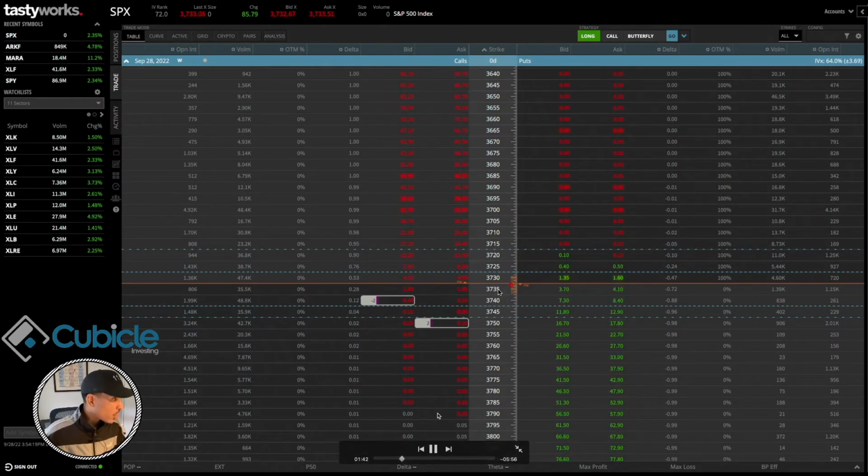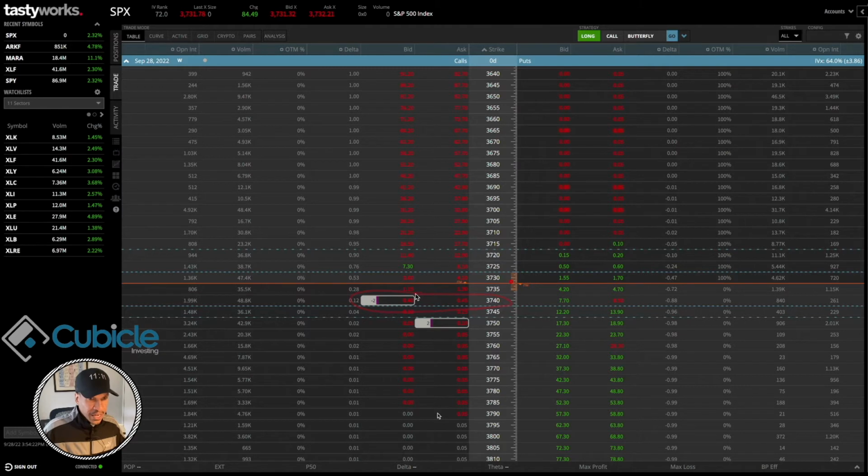Okay, so as you can see, now it's still September the 28th, but it's roughly 5 minutes before the market closes. The price is somewhat close to my strike price of 37.40.